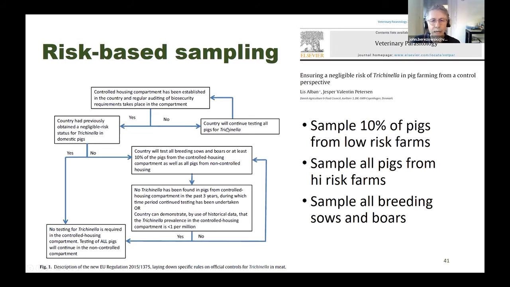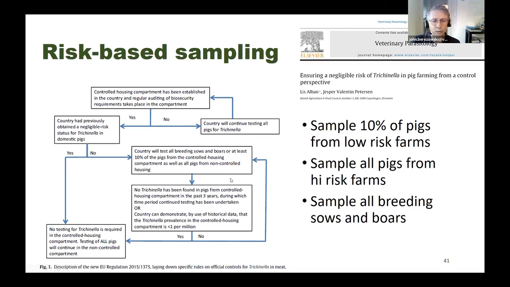If the country had not done any of this risk assessment, then it would keep testing all the animals that went to slaughter. So the idea is that in countries, you would sample 10% of pigs from low-risk farms, sample all pigs from high-risk farms, and sample all breeding pigs.